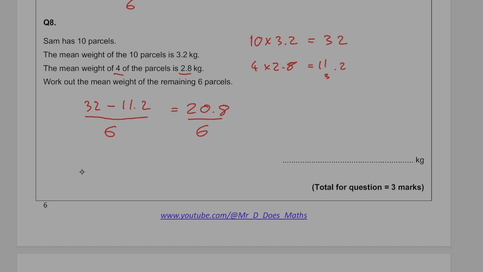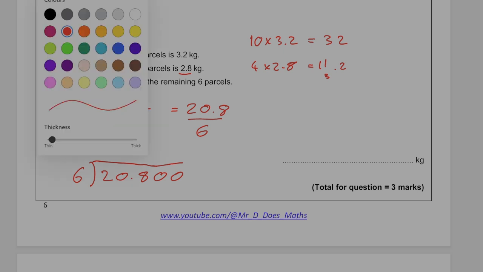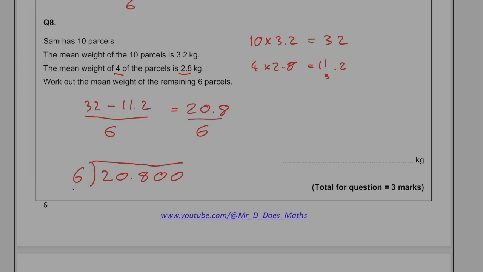Which I think is going to give us a very nice number. Right, so if we do 6 into 20.8, and I'm going to add just a couple of zeros here as kind of placeholders for myself. So 6 goes into 20 fully 3 times with 2 remainder, and then 6 goes into 28 fully 4 times with 4 remainder.